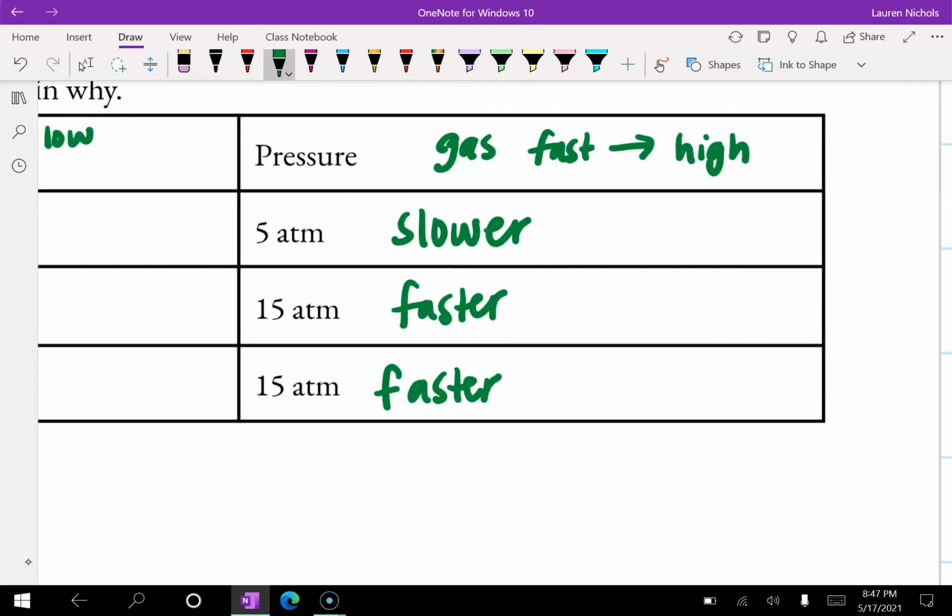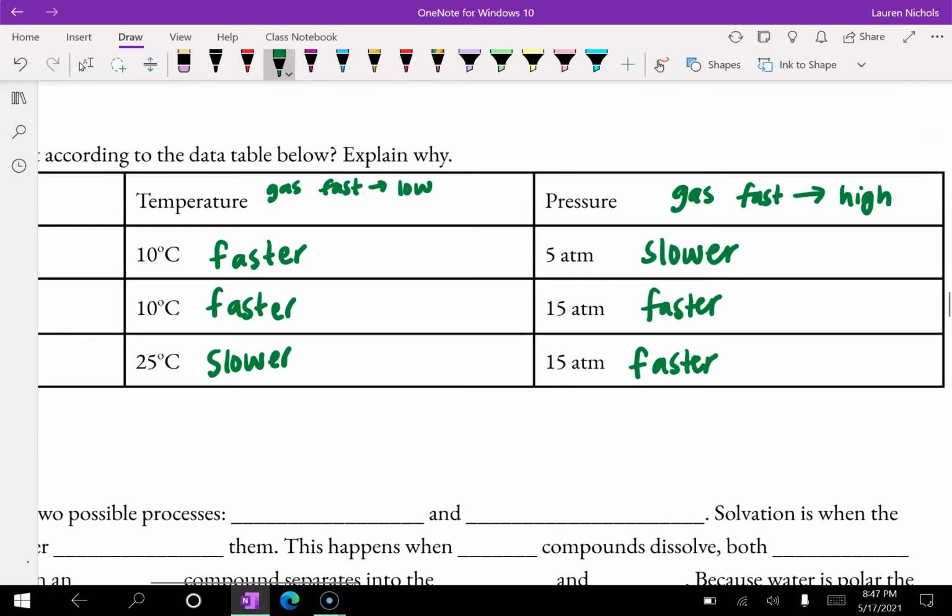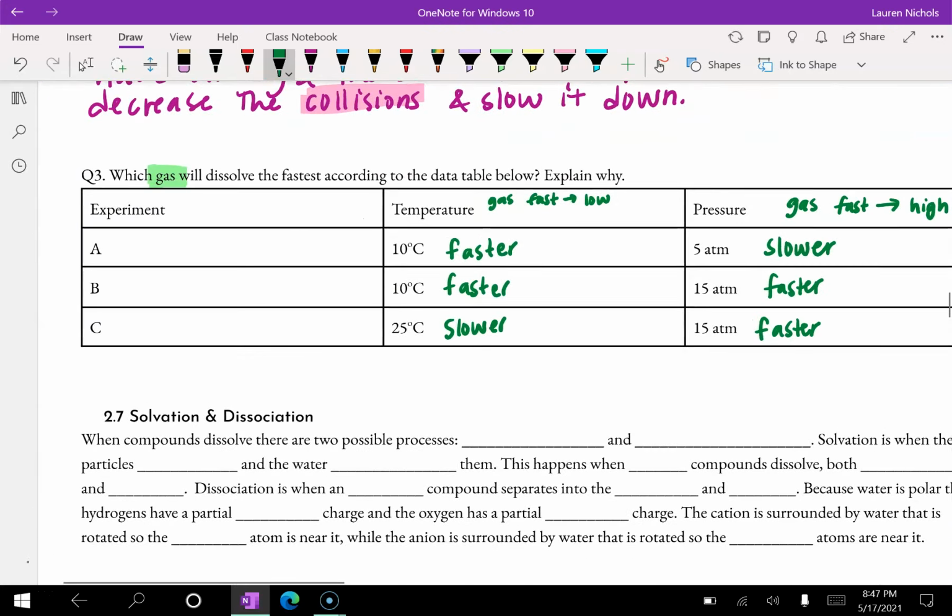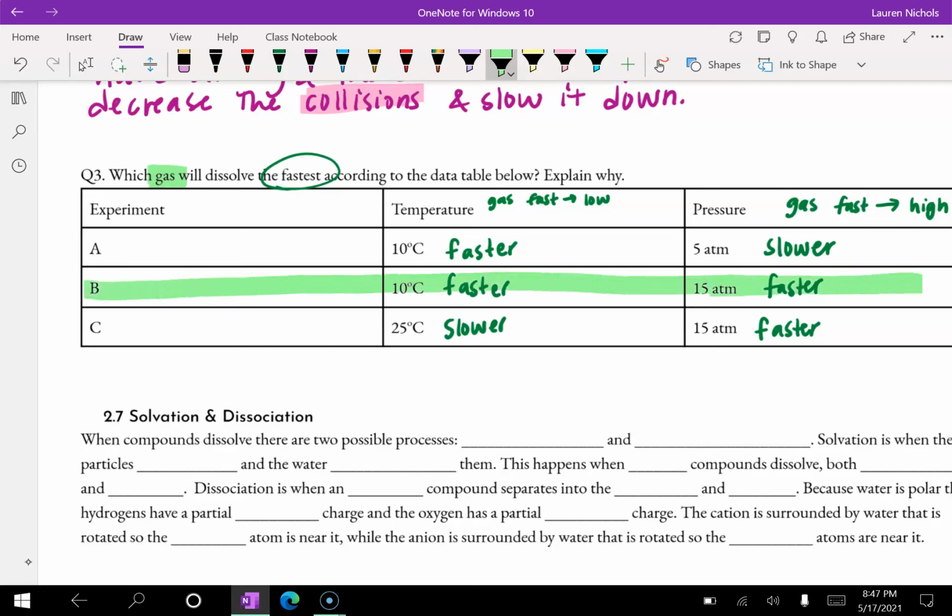And the reason why this is helpful to label it that way is when we then look here, we want to know which one will be the fastest. Well, experiment B is the only one that has a pressure and temperature that is faster than the other ones. So we can put an explanation there.